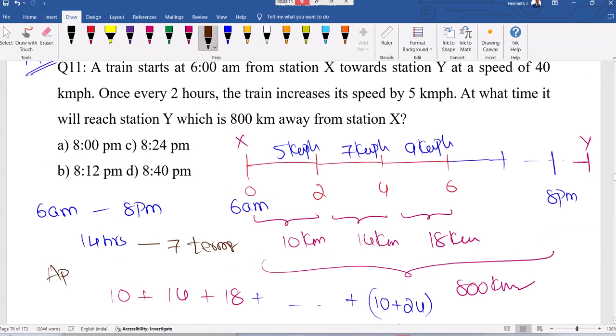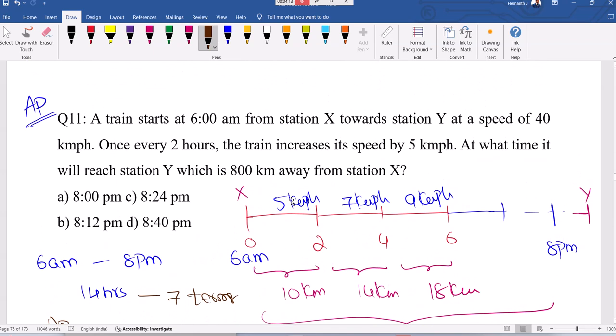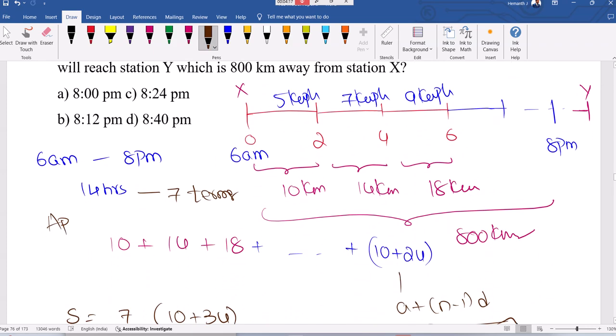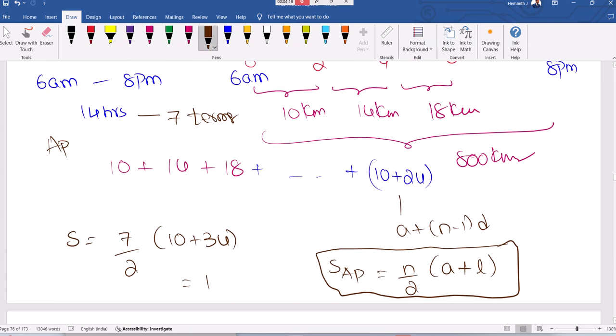It may be some days also taken. Next day, 6 a.m. to 8 p.m. on the given day is 14 hours. Next day means it will be plus 24, 38 hours also.